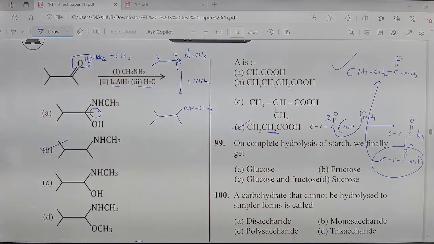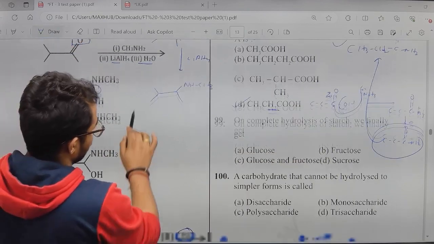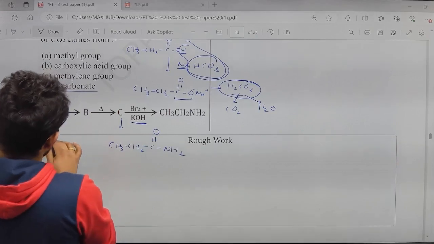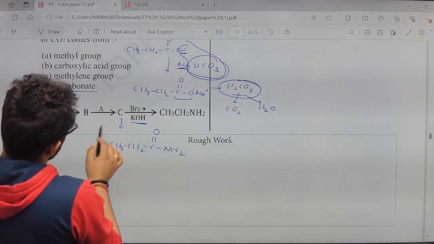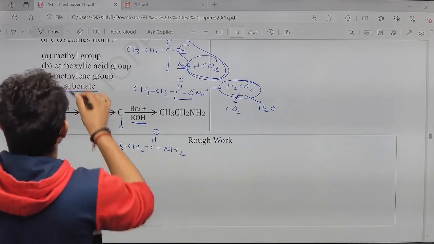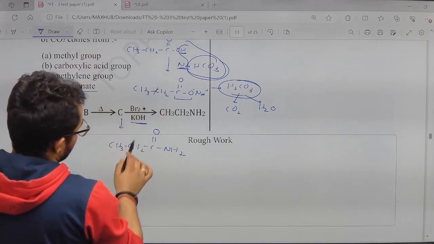That is question number 98. It will be having D answer, CH3CH2COOH. CH3CH2COOH will form CH3CH2CONH2. Then one CO will be removed.